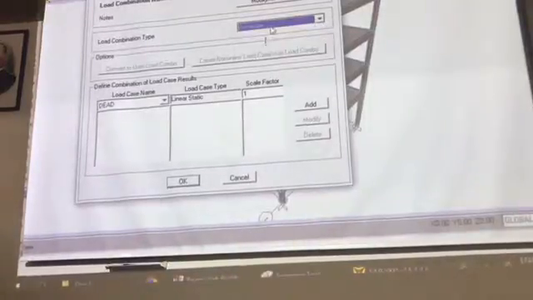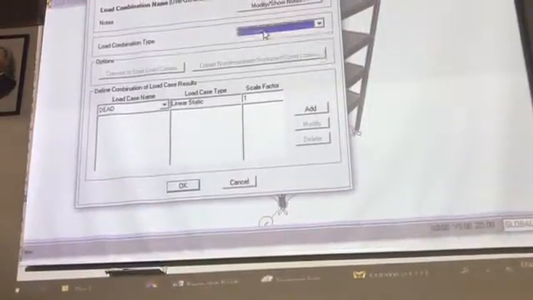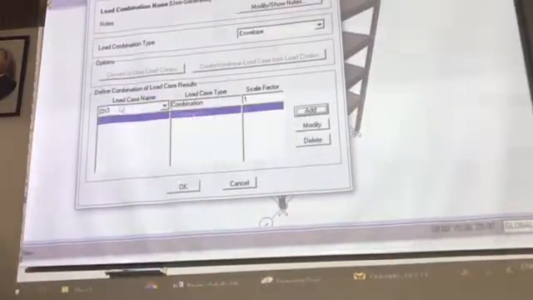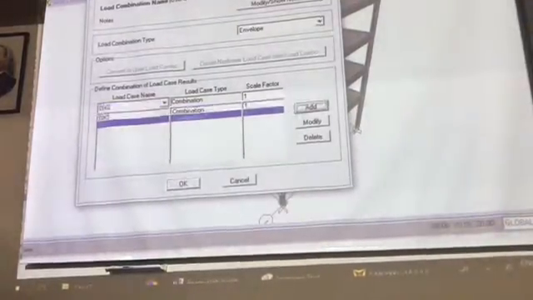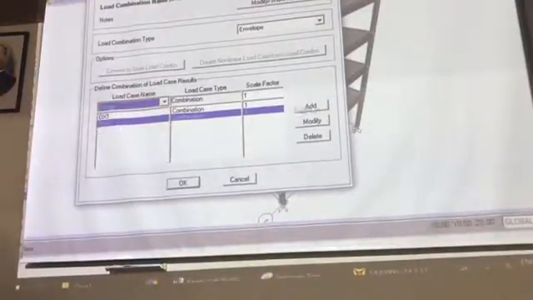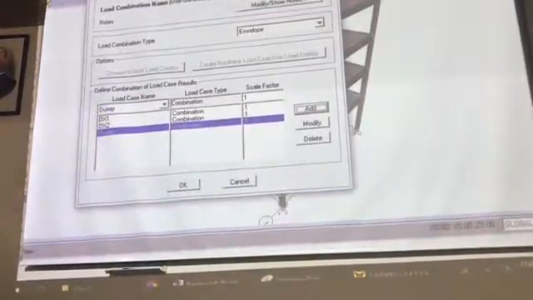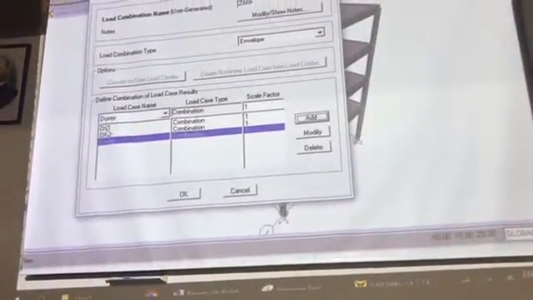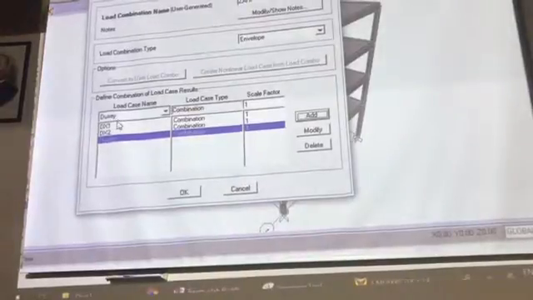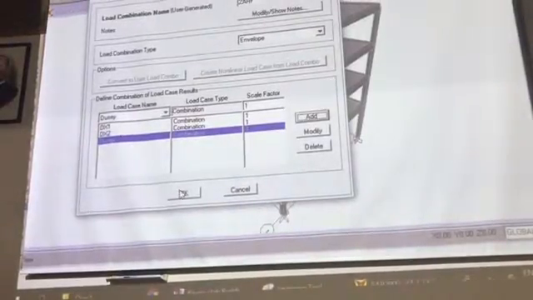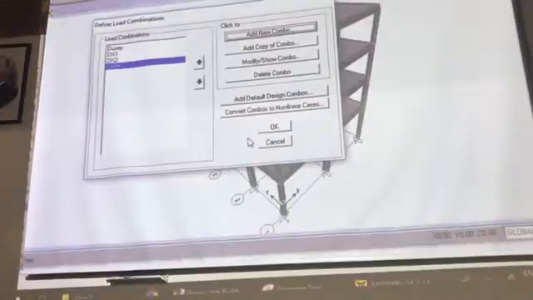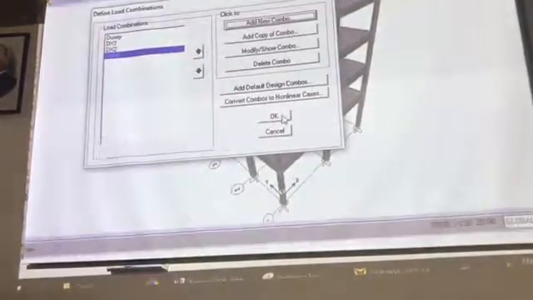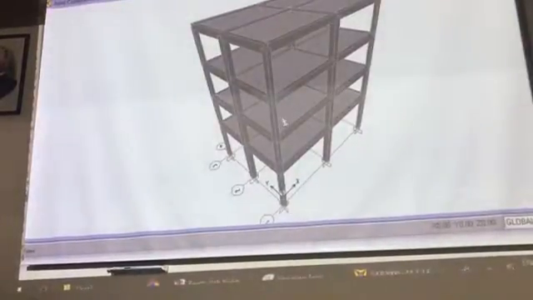Select envelope, and select dx1, dx2, and Düşey. This zarf combination will give me the maximum of all these other combinations. This is called the envelope combination. Otherwise, we cannot find which one gives high values. Click on OK, and that's it.